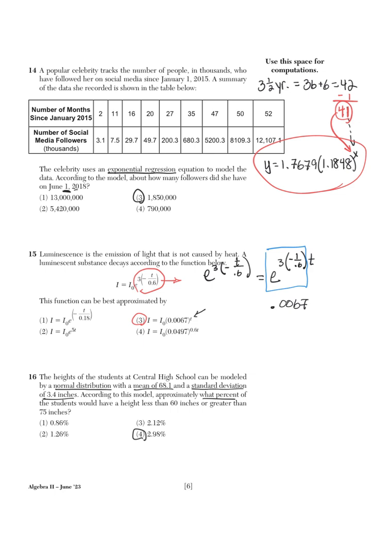Here's the part that's a little tricky. They want to know what percent of students would have a height less than 60 inches or greater than 75 inches. I'm going to tell you, I have never seen a question like this on the Regents before. And I'll explain. It's for a 2-point multiple choice question, I think it's a lot of work.